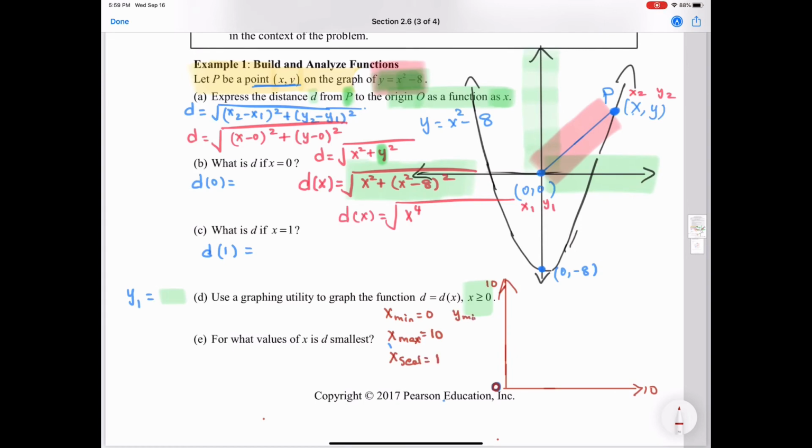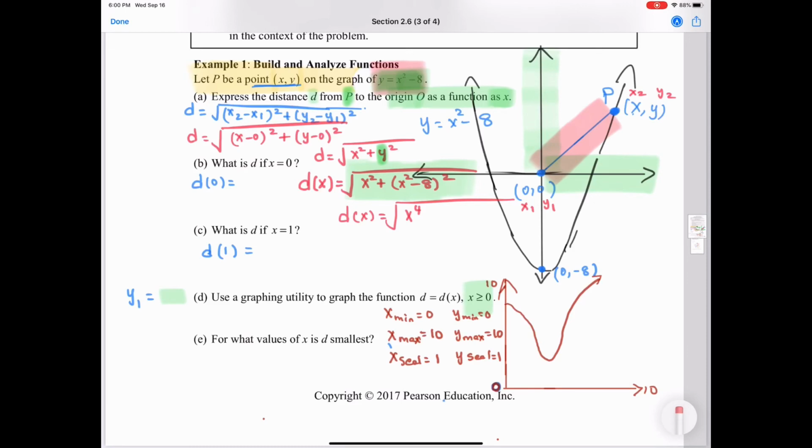Y minimum, I keep it 0. Y max, I kept it 10. And y scale also, I kept it 1. By doing so, after I hit graph, the graph that you would see should be something like this. And you must see this graph in this viewing window because I graphed it here.